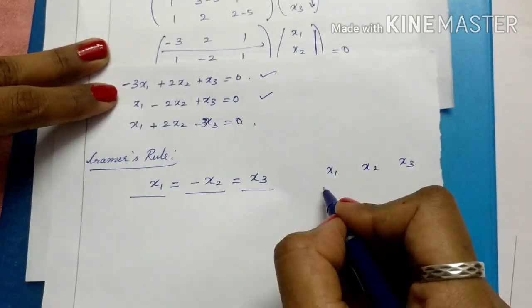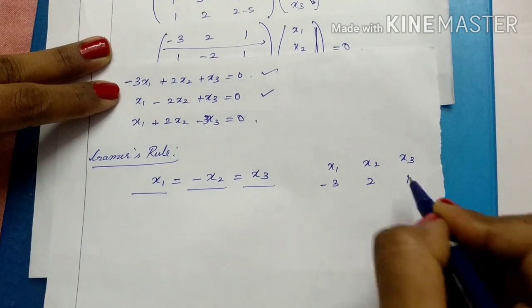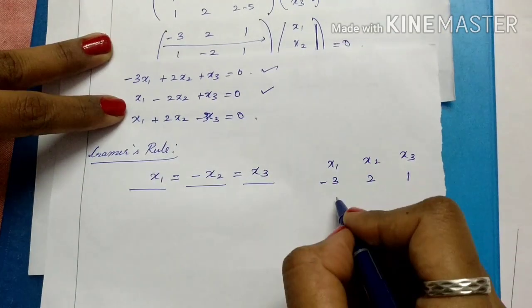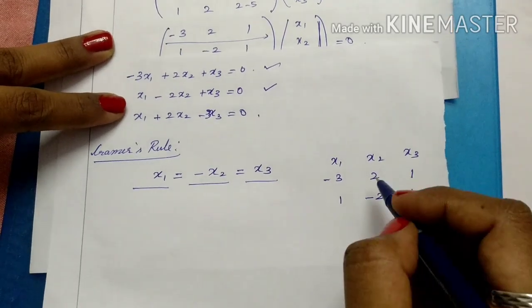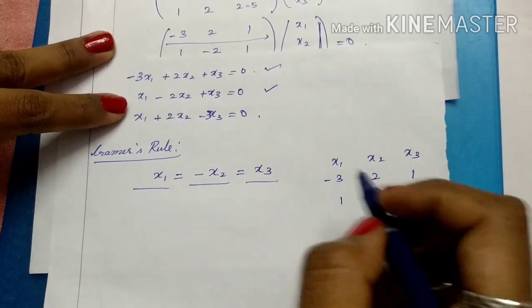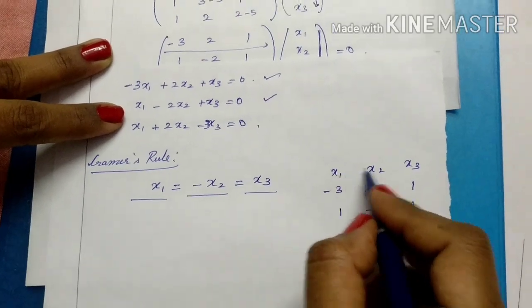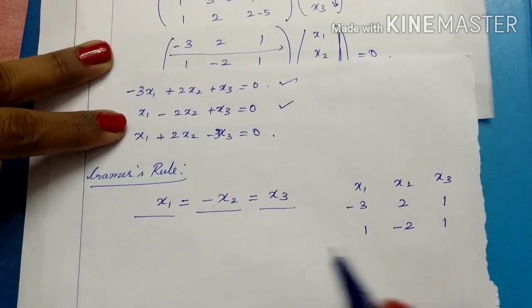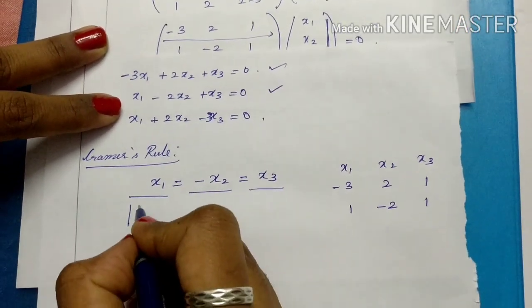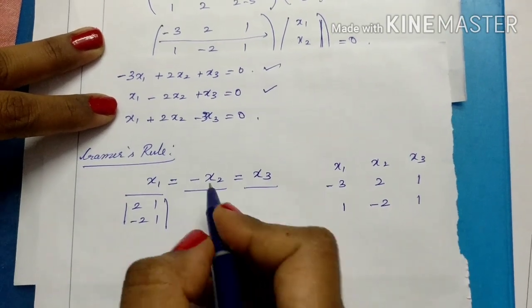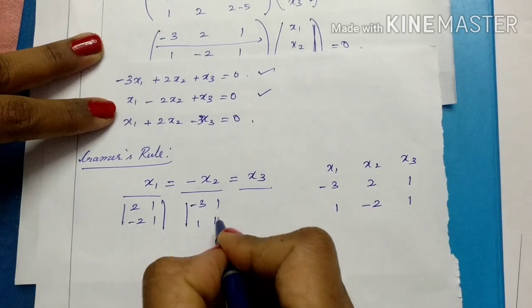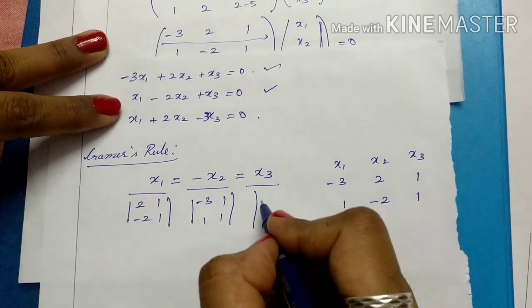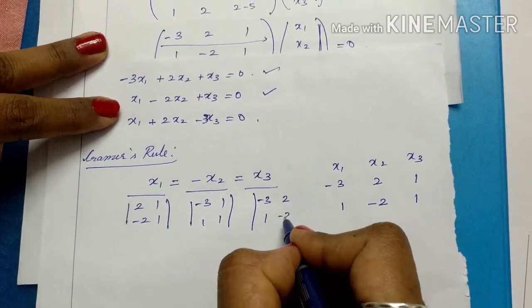Write the coefficients, minus 3, 2, 1 in the first equation. Second equation, the coefficients are 1, minus 2, 1. Take them together with a sign. Now, for x1, it will be the determinant of 2, 1, minus 2, 1. For x2, it's going to be minus 3, 1, 1, 1. For x3, it's going to be minus 3, 2, 1, minus 2.